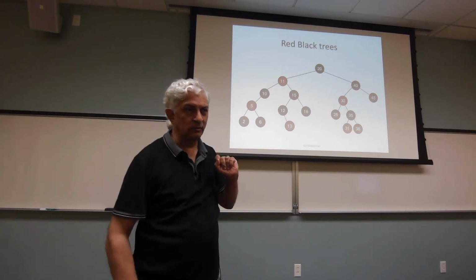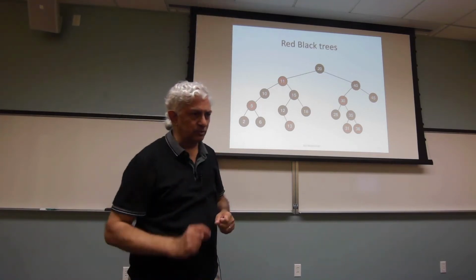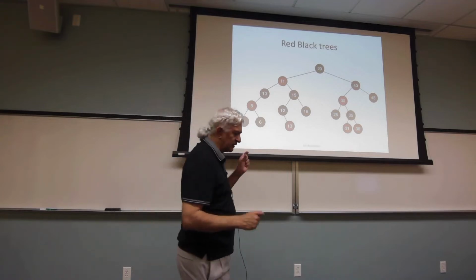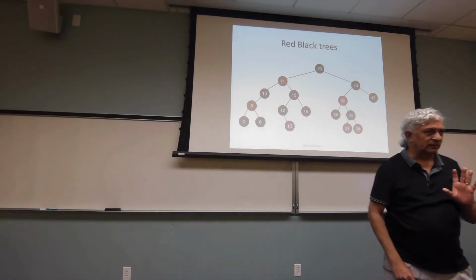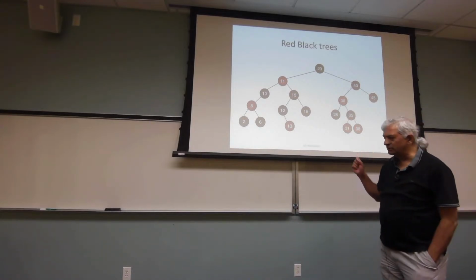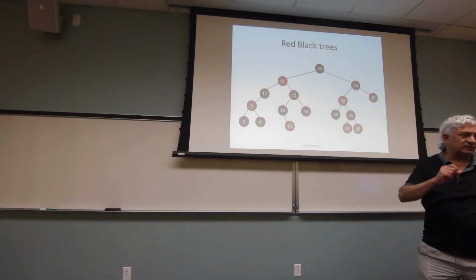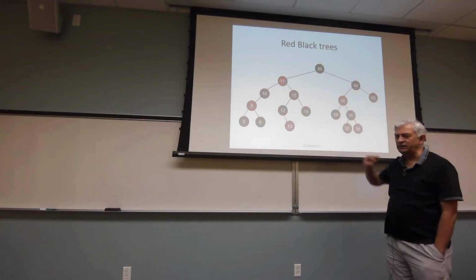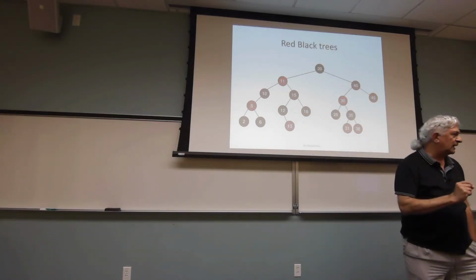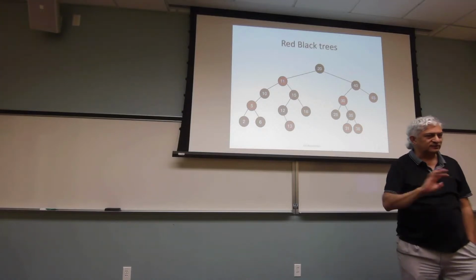So if you take any path from the root to a leaf, you will never encounter 2 red nodes in succession. And then the most important property of a red-black tree is that regardless of which path you take from the root to a leaf, the number of black nodes that you will encounter is exactly the same.